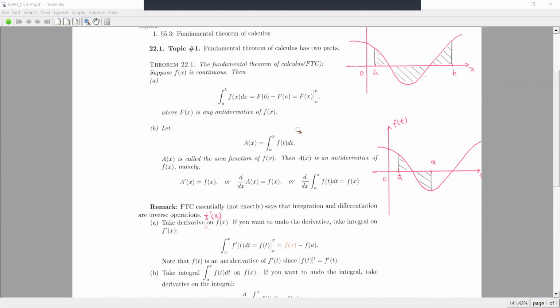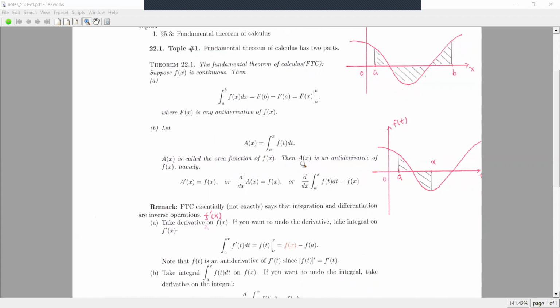So this integral is a function of x. Let me denote this function by A, A means area, A of x. The book calls this function the area function of f.